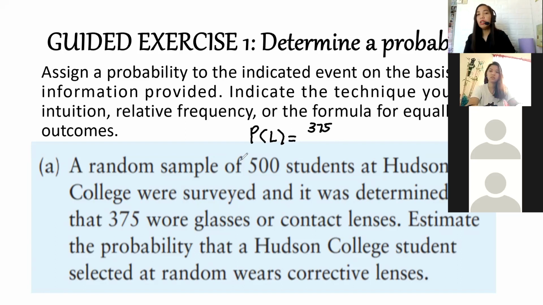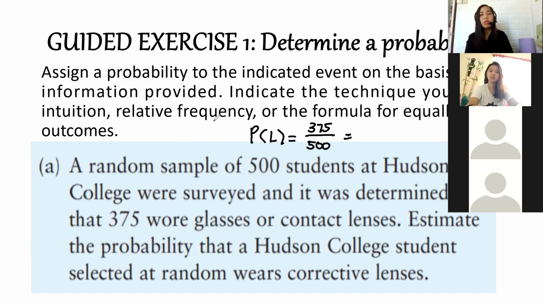Out of the 500, there are 375 who wear glasses or contact lenses. So we have 375, that is the frequency, F. How many of the 500 wear glasses? 375 over, how many is the total number of students? We have 500.